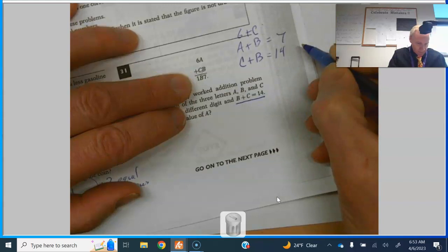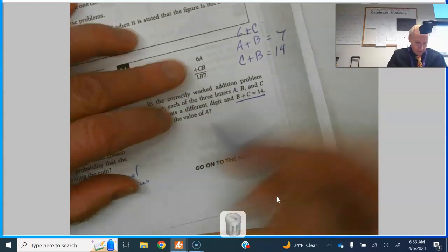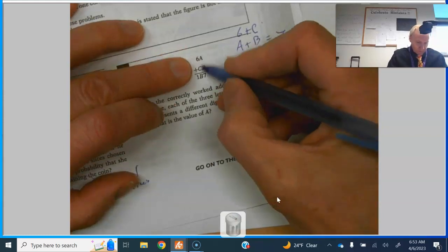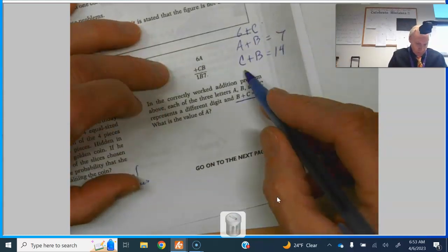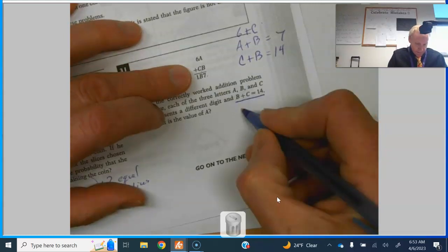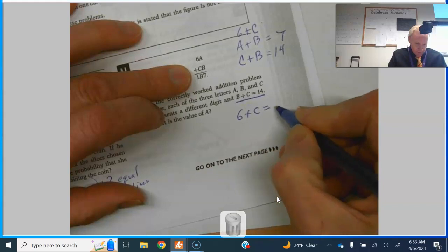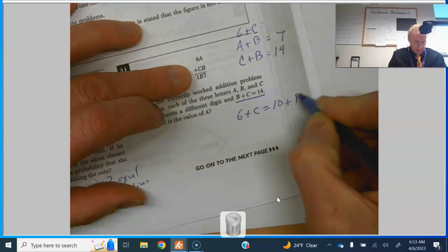What else do we know? Dang, I'm slow today. What is the value of A? Okay. 6 plus C, oh, interesting. 6 plus C equals 10 plus B. Yes, it does.